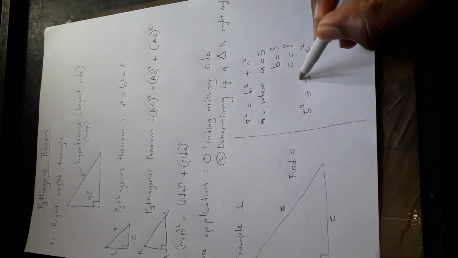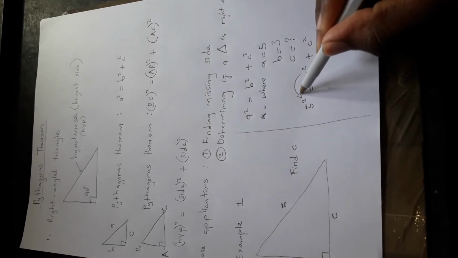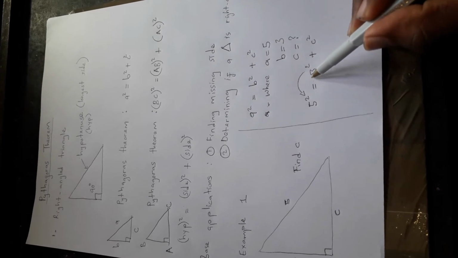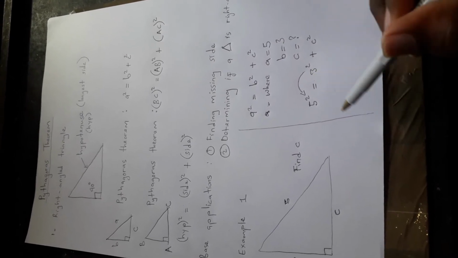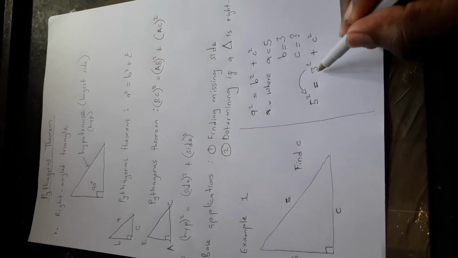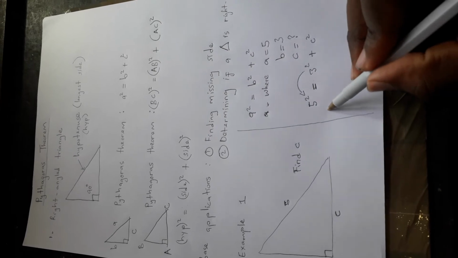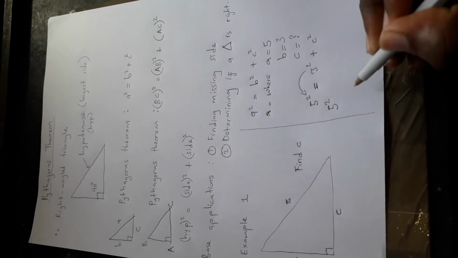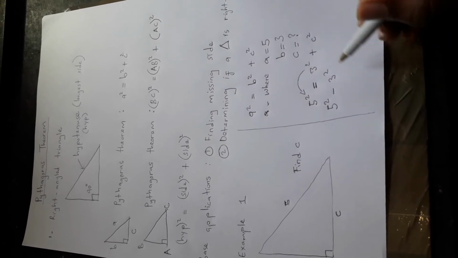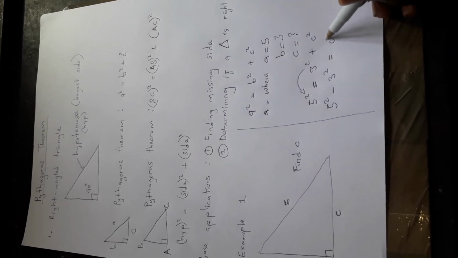So we have to transfer this 3 squared. Now, this 3 squared is positive, even though the plus is not visibly put, but we should know that it's positive. And when it goes over the equal sign, it changes from positive to what? To negative. So 5 squared, which we already have, minus 3 squared to signify the change, will be equal to c squared remains.